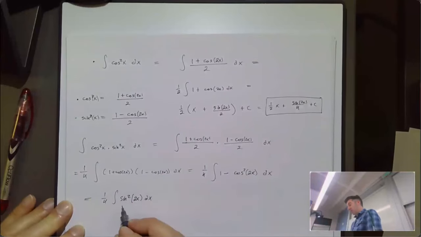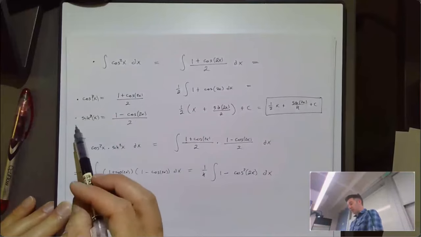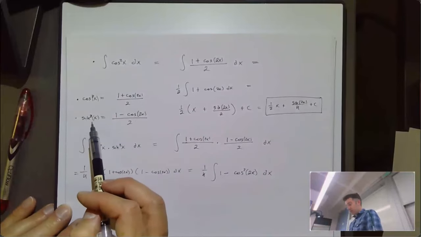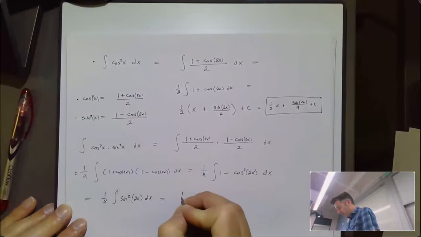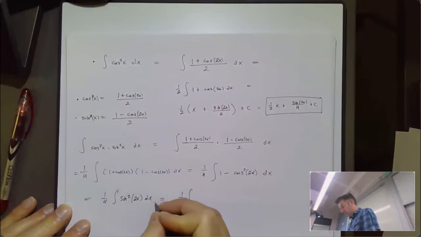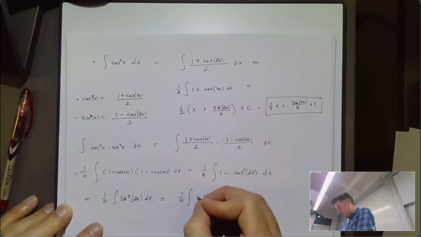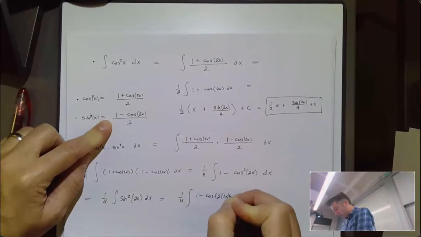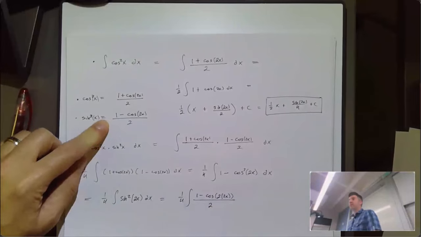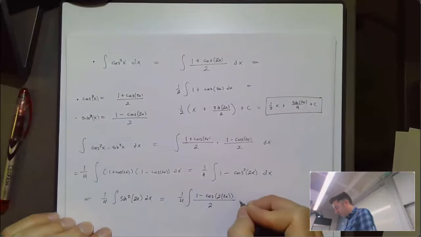And then we're going to use that identity again, but now instead of saying sine squared of x is equal to 1 minus cosine of 2 times x all over 2, we're going to say sine squared of 2x is equal to 1 minus cosine of 2 times 2x all over 2. And then we factor out the 1/2.